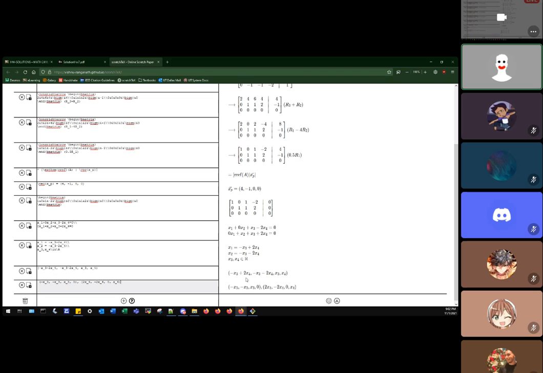So x3 and x4 are free, right? So they can be whatever you want them to be. You write two different vectors because you have two free variables. In one vector, x3 is 1, x4 is 0. In the other vector, x3 is 0, x4 is 1. Yeah, I definitely learned it in problem section.